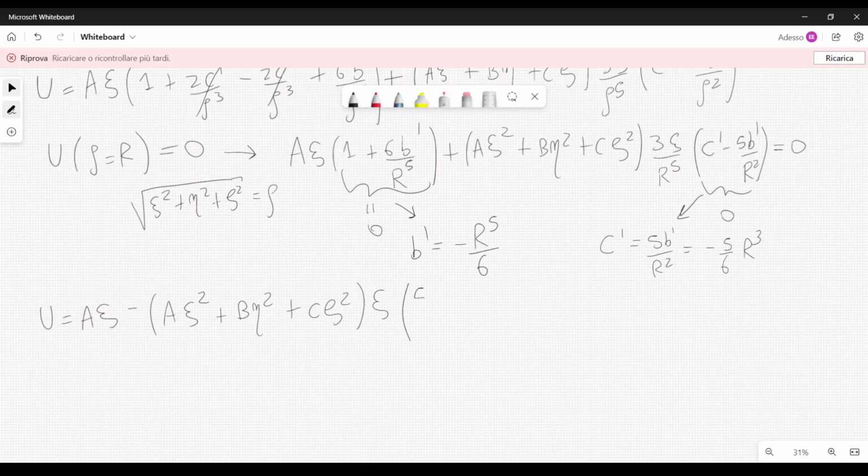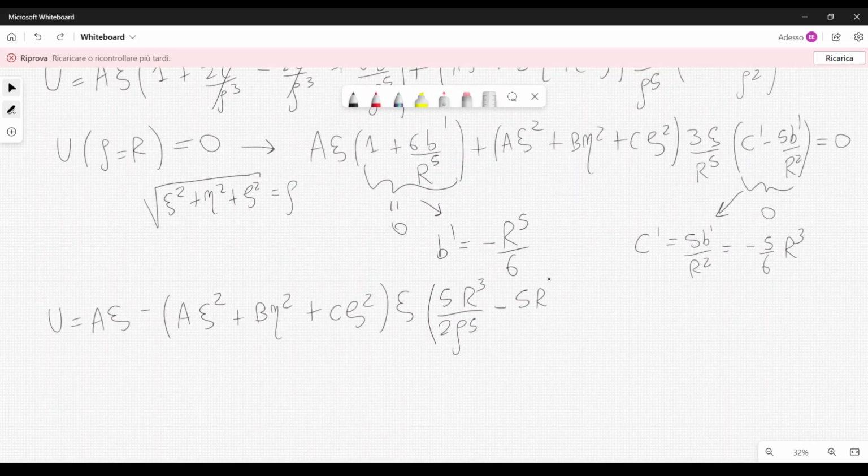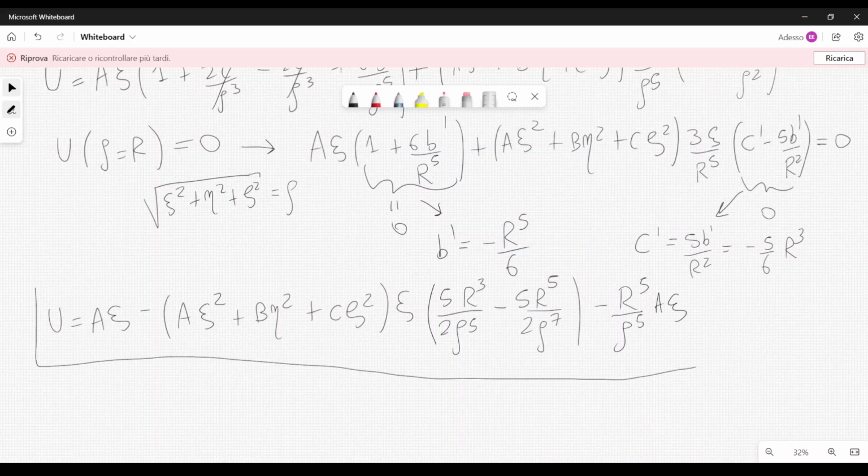Then here we have 5r cubed over 2 rho to the fifth power minus 5 r to the fifth power over 2 rho to the seventh power minus r to the fifth divided by rho to the fifth times a times xi. And now we can reason thanks to symmetry in order to find the expression for w and v.